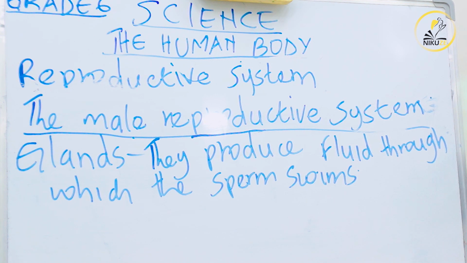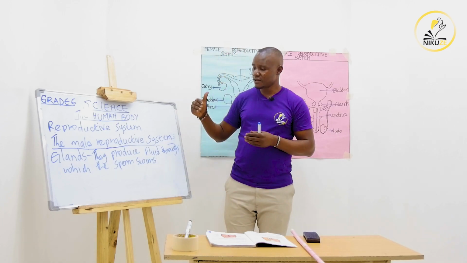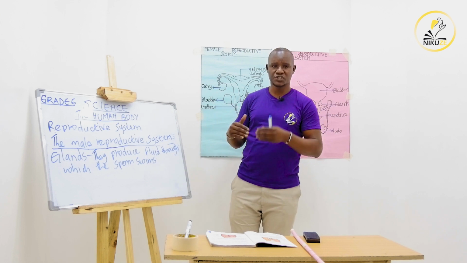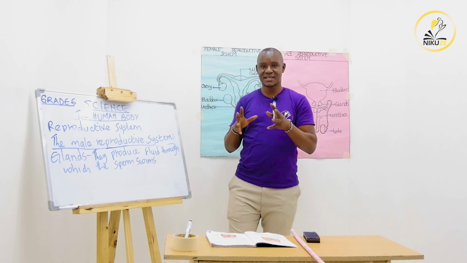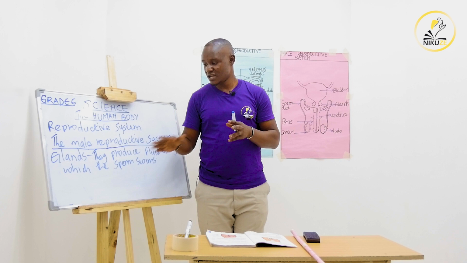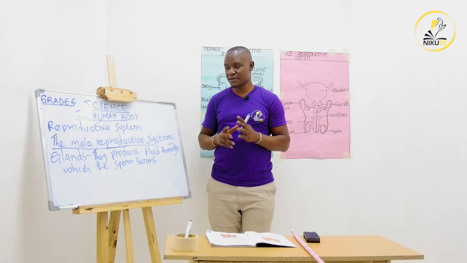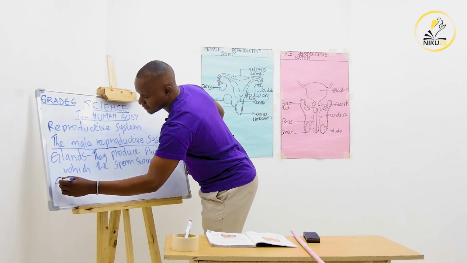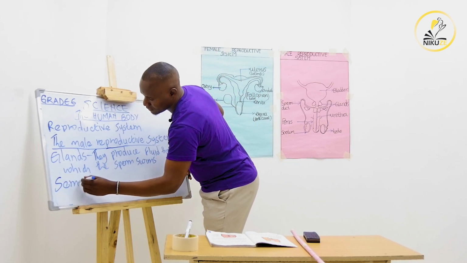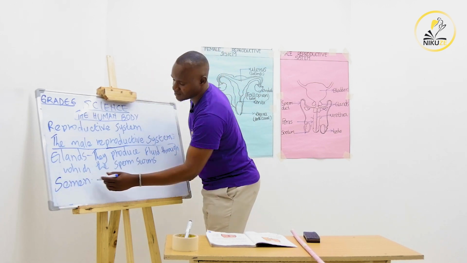Apart from that, the fluid which mixes with the sperm has a name given to it. That brings us to something known as semen. In the glands, the fluid comes and meets with the sperm.